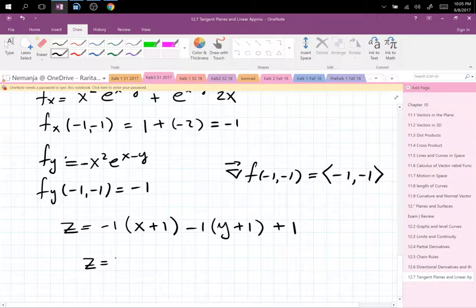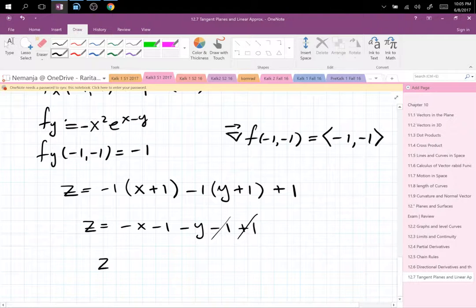So z is equal to -x, -1, -y, -1, +1. Those will cancel. Z equals -x. Move everything to the left now to get the equation of the plane the way we are used to it. Move x, move y, leave z where it is, and then on the left hand side you just have -1 alone.